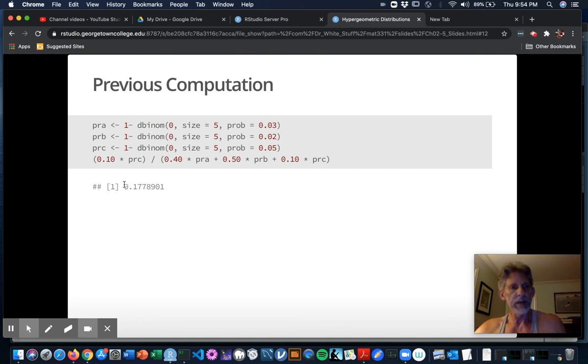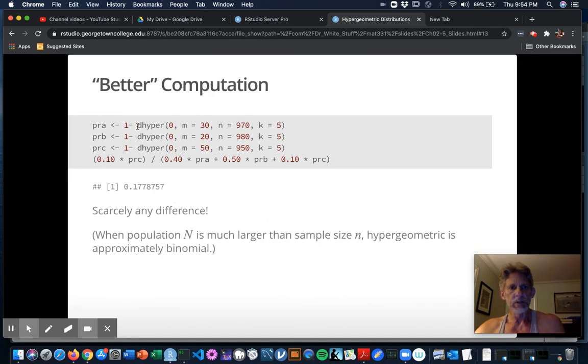When we did dbinom, we remember we got about 17.78%. The way we're going to do it is with dhyper, because the random variable actually going on is hypergeometric. So the chance of rejecting if it comes from A will be 1 minus the chance of 0 bads when your urn contains 30 bads and 970 goods, and you're pulling out 5 without replacement. And similarly for B and C.